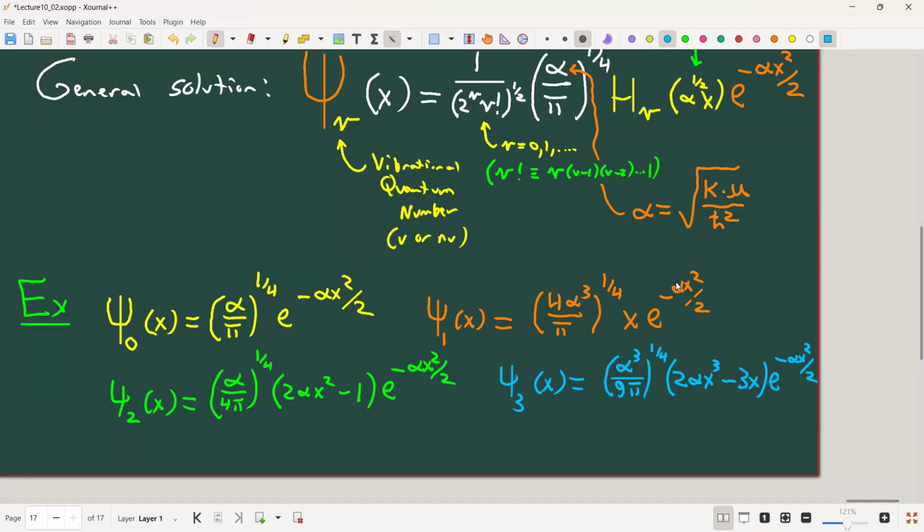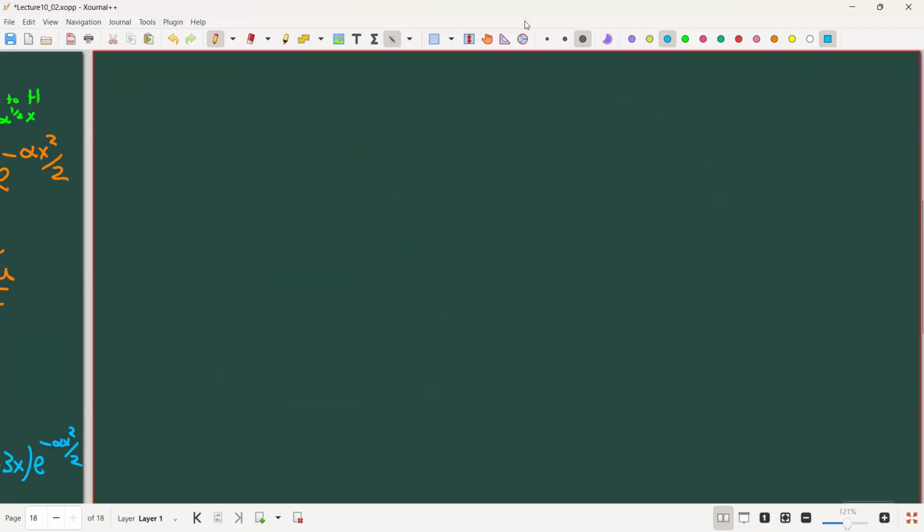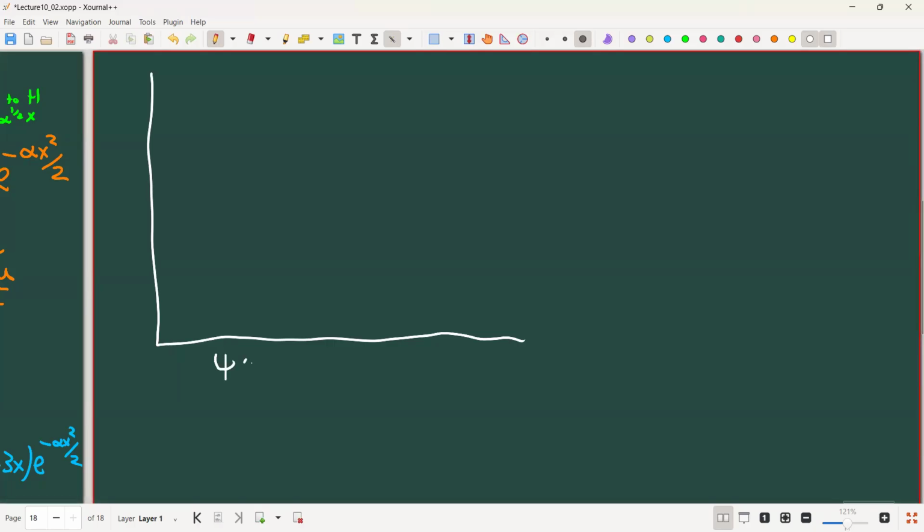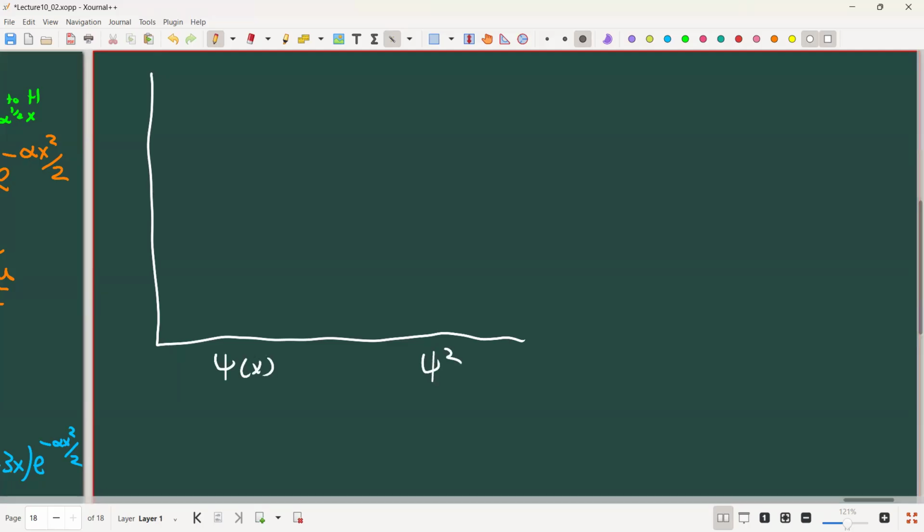All right, so let's look at that. Let's just make a little plot. We're going to make two different plots. I want to plot psi of x here and psi squared, the probability, over here.